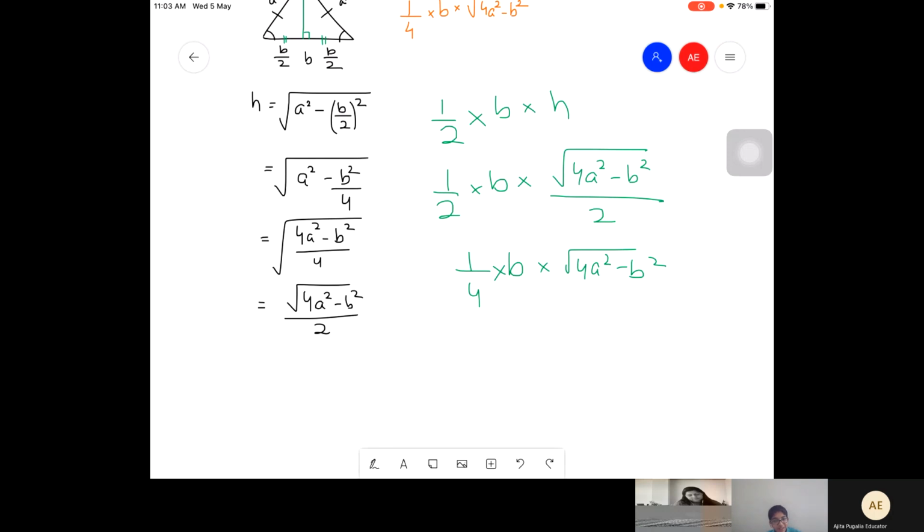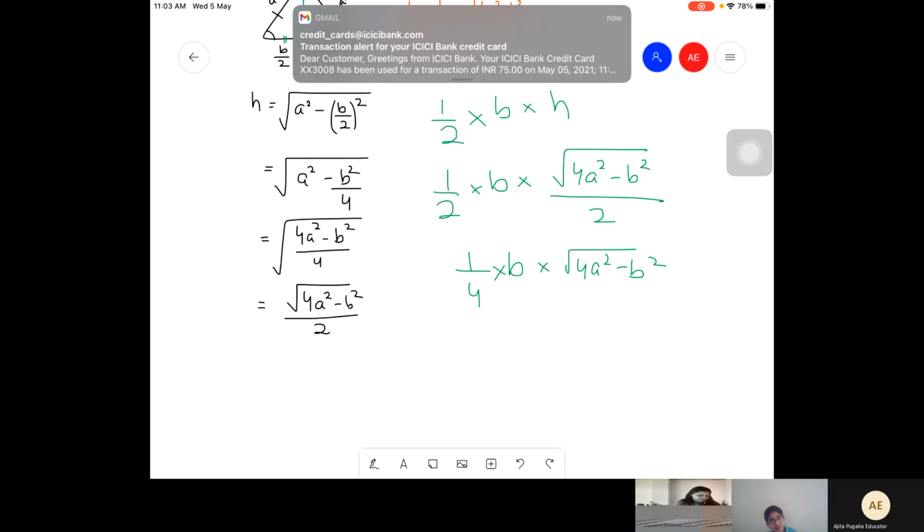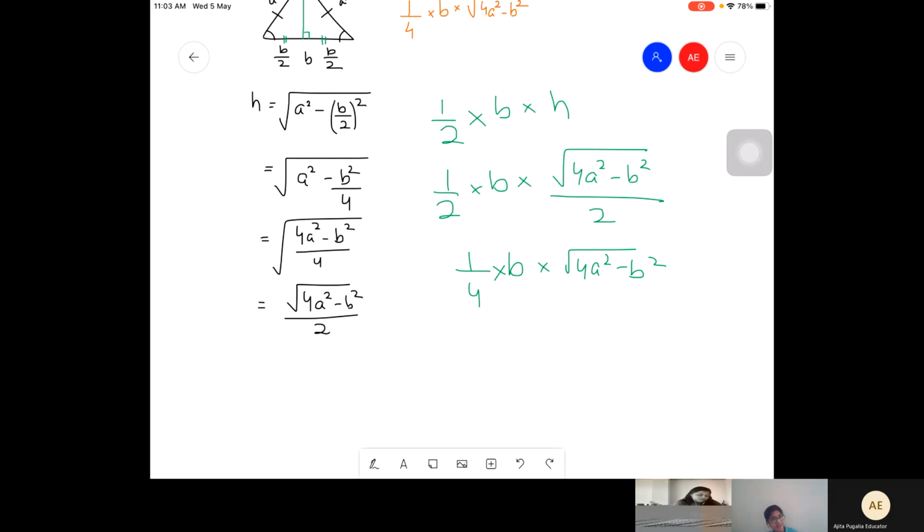Okay, so we have 4a squared minus b squared upon 2. Then how did we get to 1 half times b times h? But half into base into height, the basic formula for area of a triangle. Oh yeah, okay. So 1 half base into height.